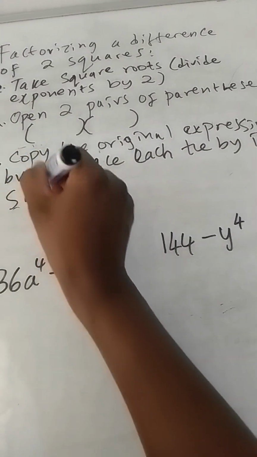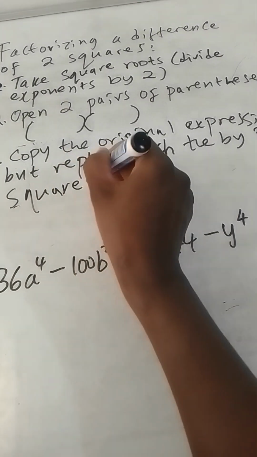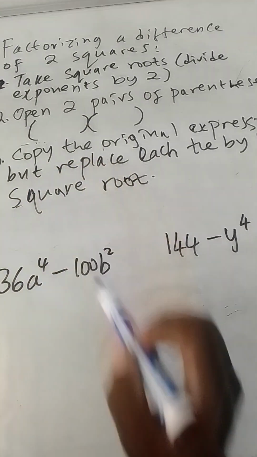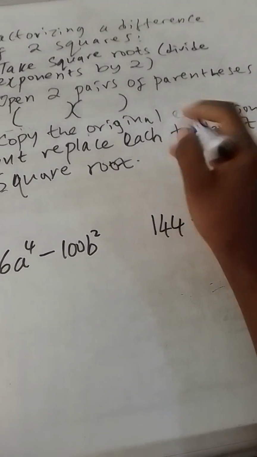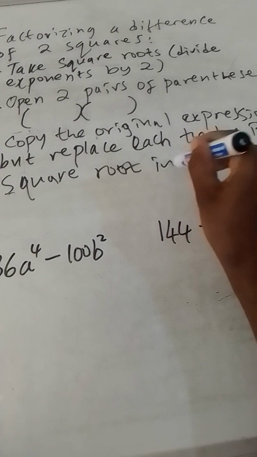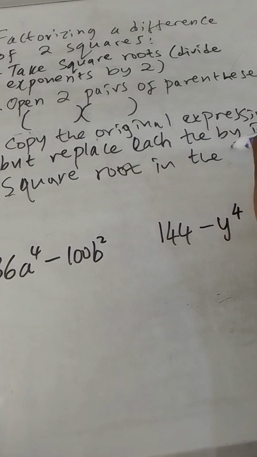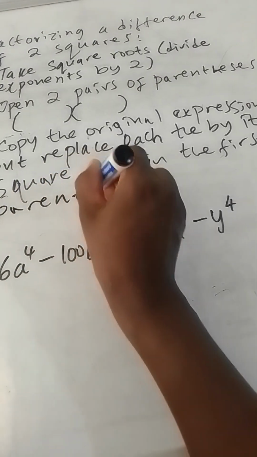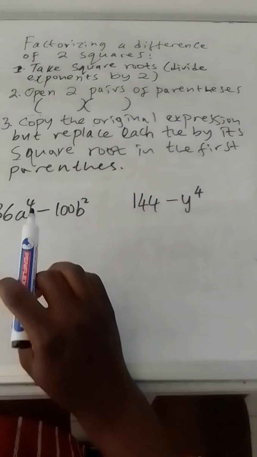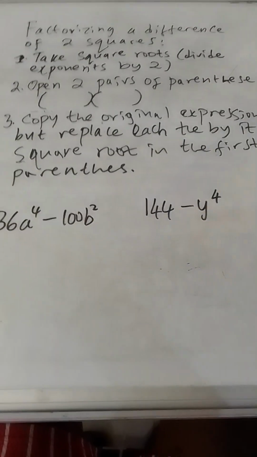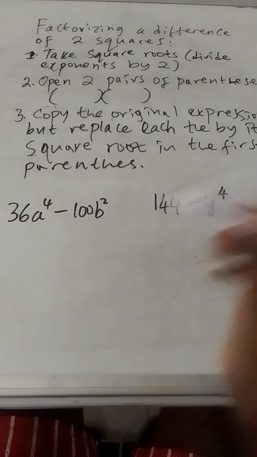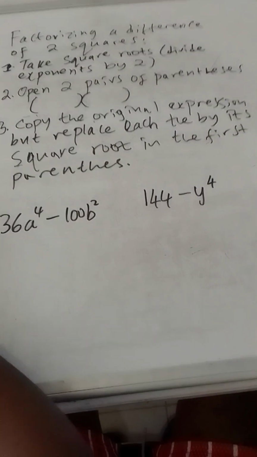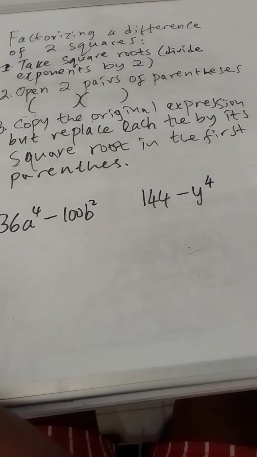In the first pair of parentheses, you're going to copy the original expression. However, you replace each term with its square root.